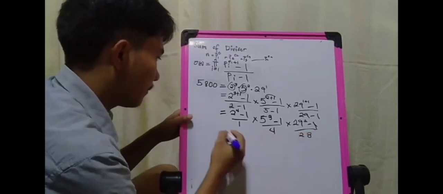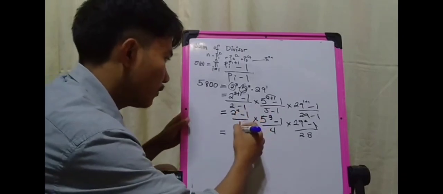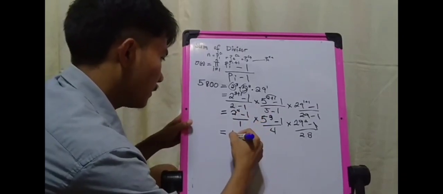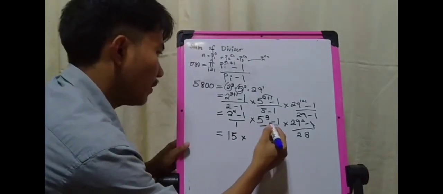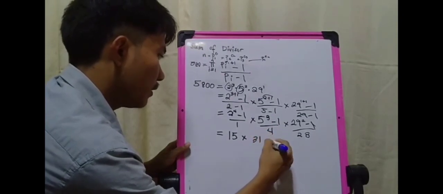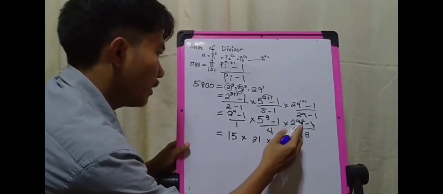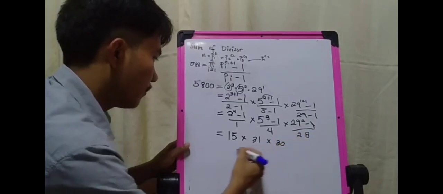So 2 with the exponent of 4 minus 1 over 1 is 15. 5 cubed minus 1 over 4 is 31, times 29 squared minus 1 over 28 is 30.